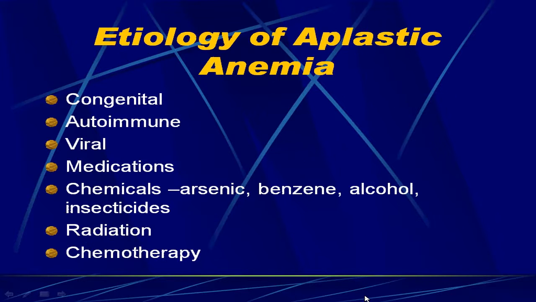With aplastic anemia, we typically see that it can be congenital. It can also be an autoimmune disorder. This is the body attacking the bone marrow at this point. It may also be connected to a viral cause. In your book on page 693 is where it discusses aplastic anemia, and it says here that approximately 30% of aplastic anemias appear in childhood.